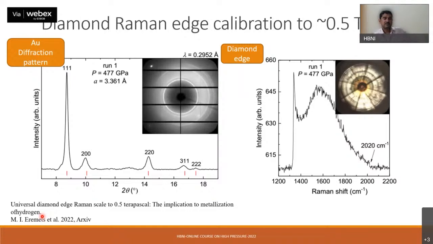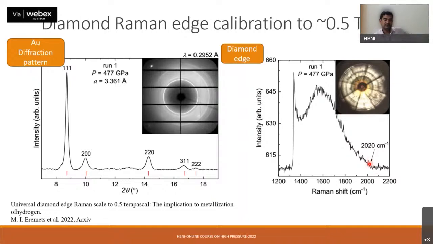So in this pressure range now, the diamond Raman has been tried to be calibrated, and this is the Raman spectra of diamond anvil at 477 GPa. So you see the sharp Raman line from the table, and then the elastic response of the diamond anvil.